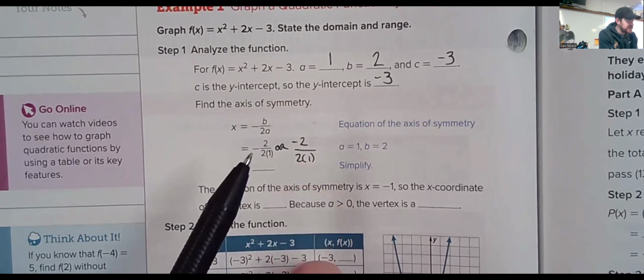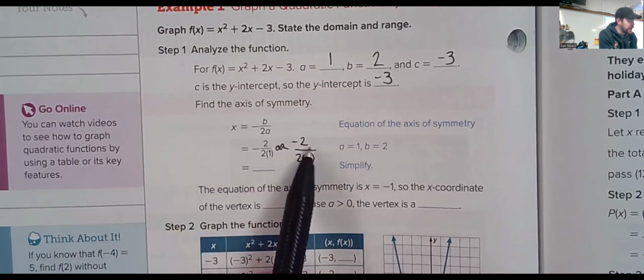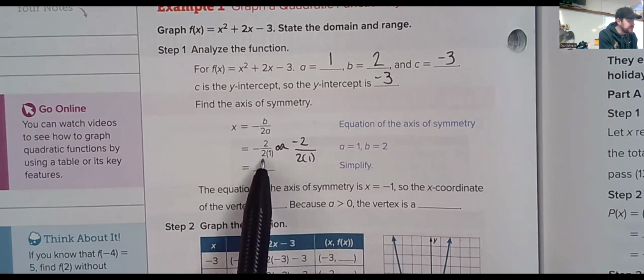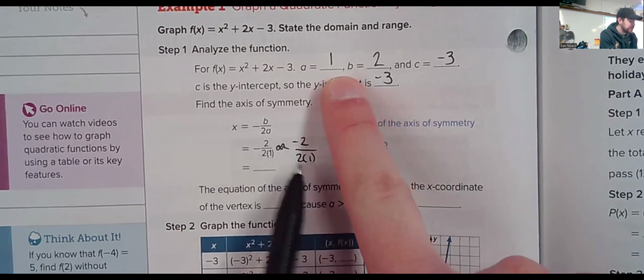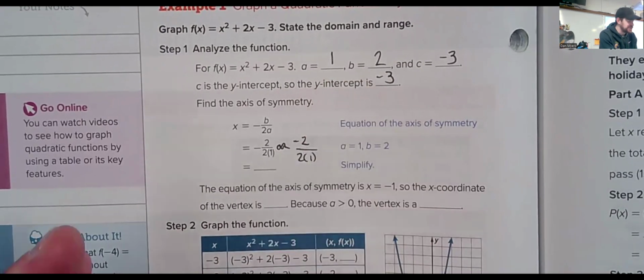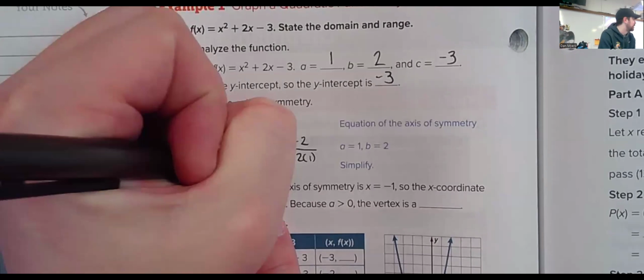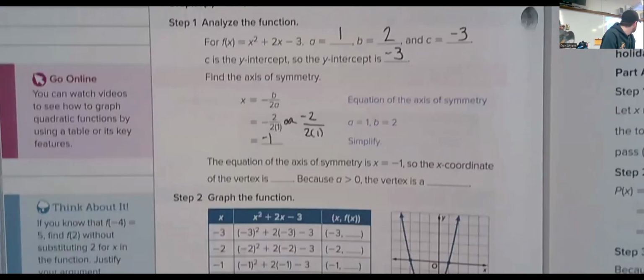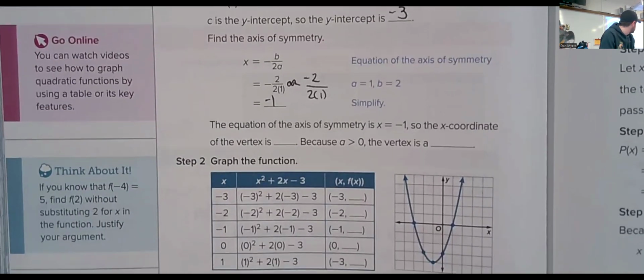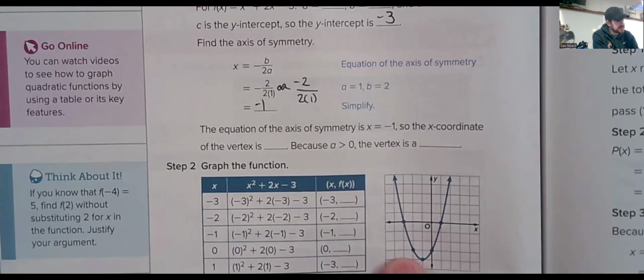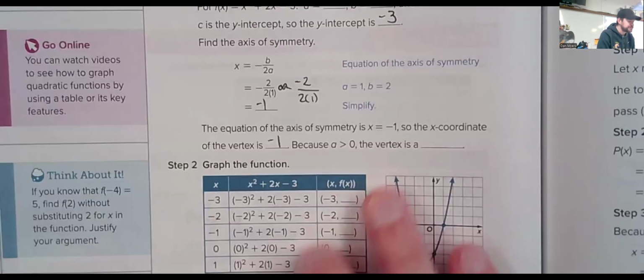So the opposite of b, since b is 2, we got -2, over, there will always be multiplication of 2 on the denominator because that is part of this little formula. 2 times the value of a, and a is 1. So that's just -2 divided by 2, which is -1. So that means the equation of the axis of symmetry is x equals -1. Which also means that the x-coordinate of the vertex is -1.